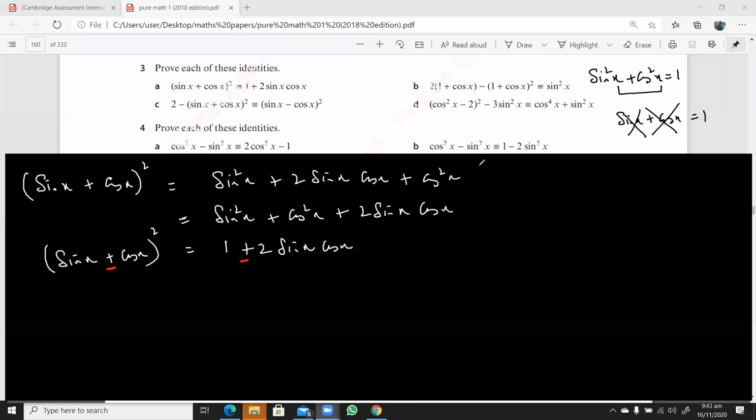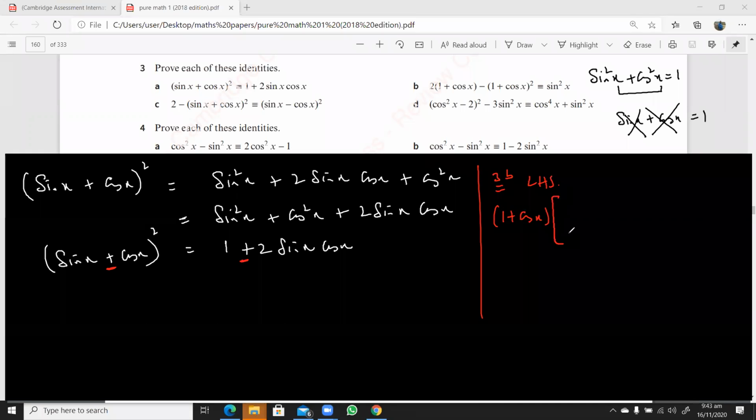Okay, now this B part here, this 3B. I'll be starting from the left hand side and I'll take 1 plus cos x common from the whole of this expression. So I have 2 here, and then minus. Please use the brackets, okay?